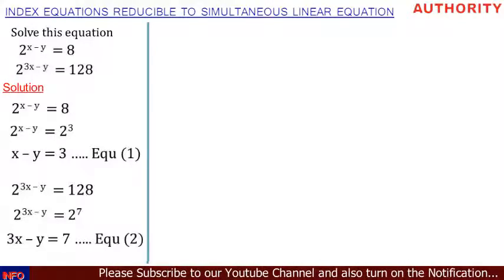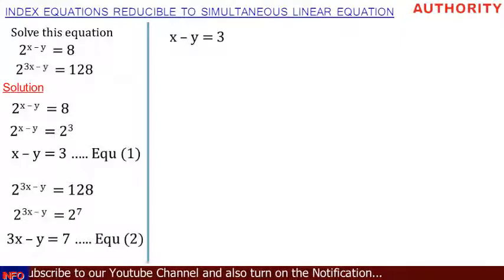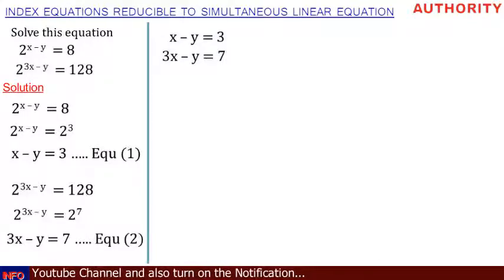Now we have obtained two linear equations: x minus y is equal to 3, and 3x minus y is equal to 7. Now let's solve these simultaneous linear equations.